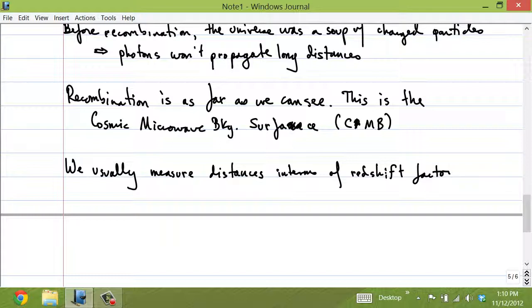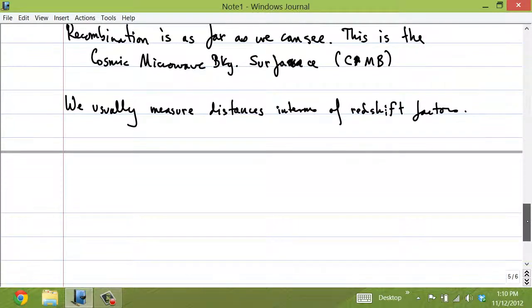So, for example, if you have an object which emits radiation or emits a photon at a given frequency, then there will be some redshift factor, the ratio of the frequency of the emitted photon to that of the observed photon, which will be bigger than 1.